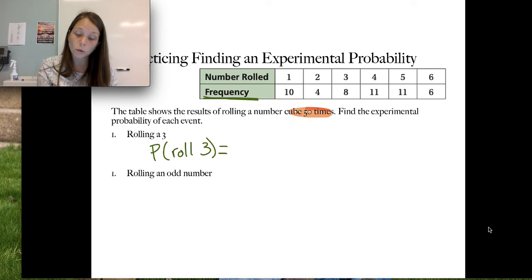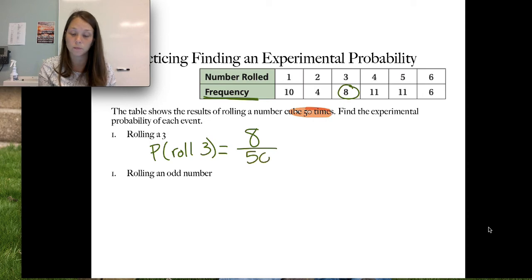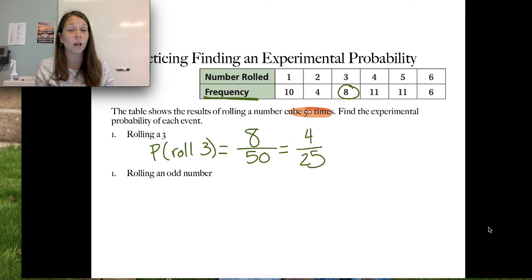We rolled a 3 8 times according to the table. So I'm going to take 8 divided by the total number of rolls, which the problem told us was 50. You could write that in decimal form, or you could leave it as a fraction. You could reduce that down to 4 over 25. So with probability, you can write your answer as a fraction, a decimal, or a percent. Any of them are fine.